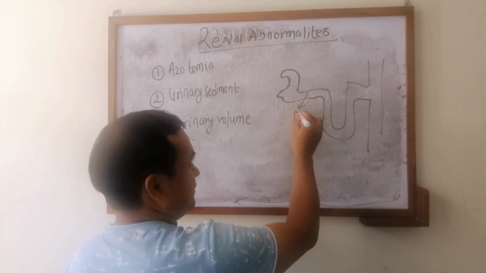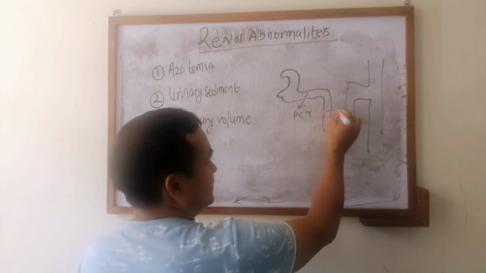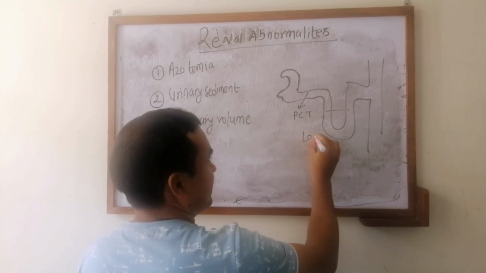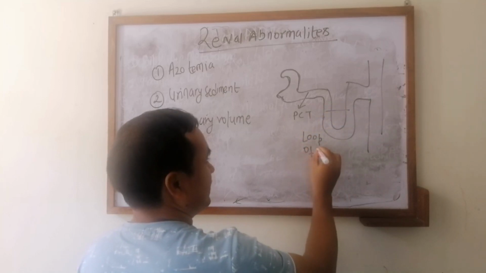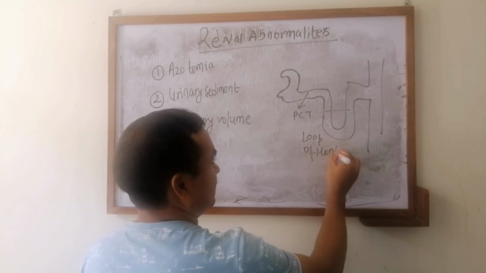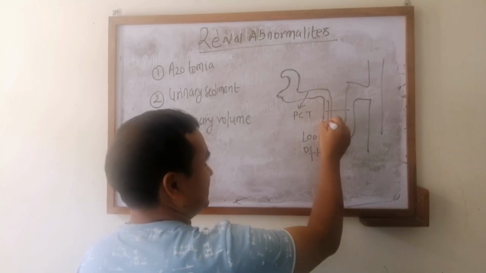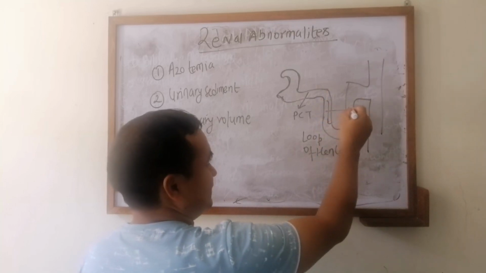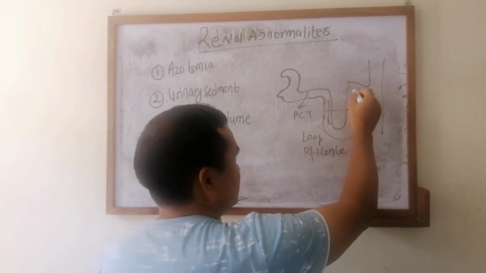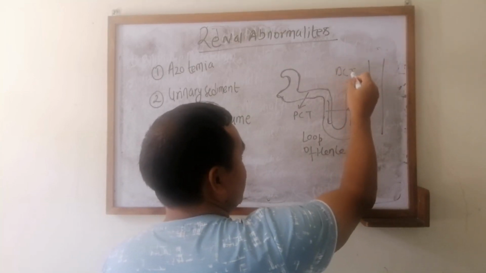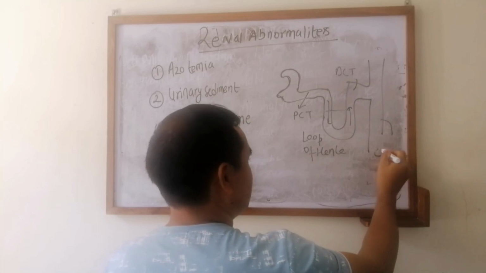This one is called the PCT. This is called the loop of Henle. This is called the descending limb, and this is called the ascending limb. This is called the DCT, or distal convoluted tubule, and this is called the collecting duct.